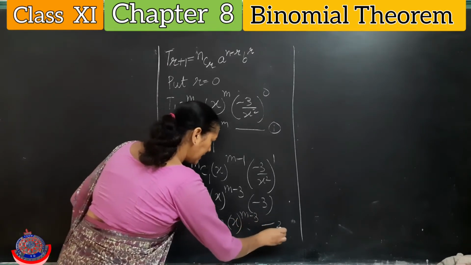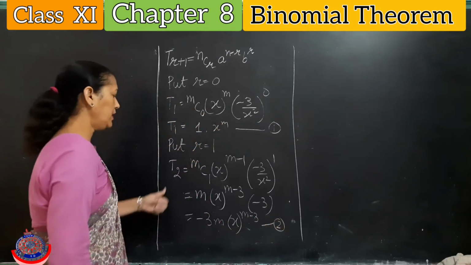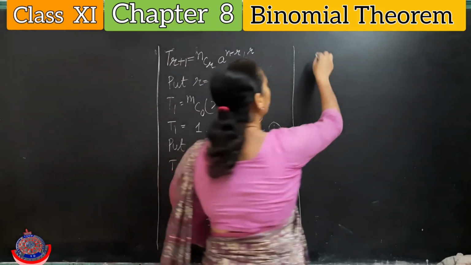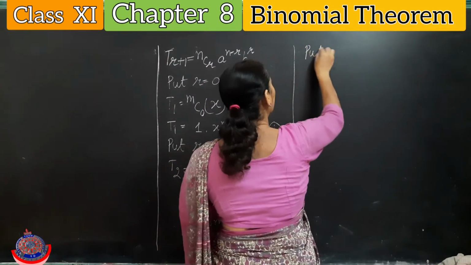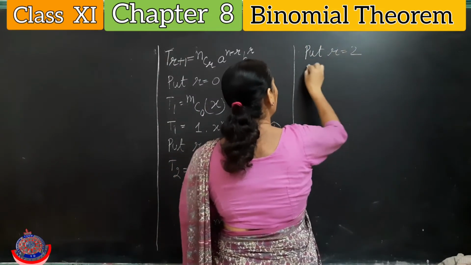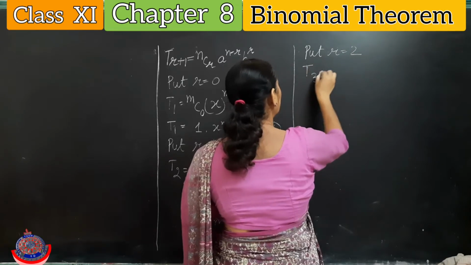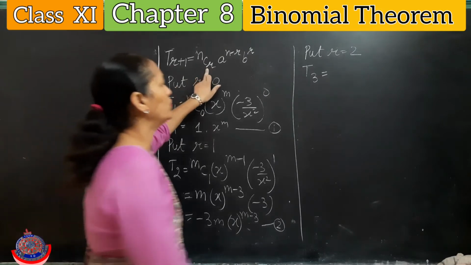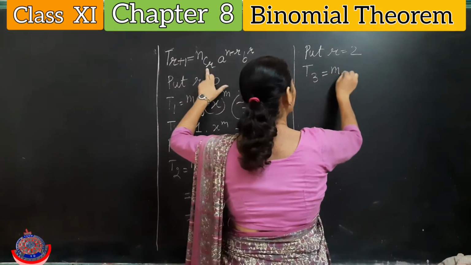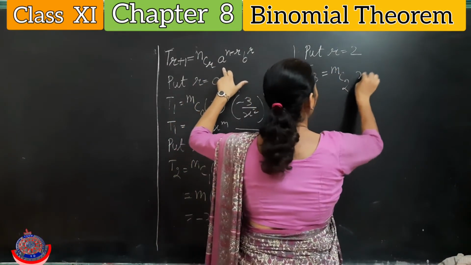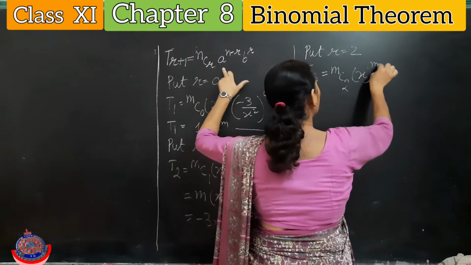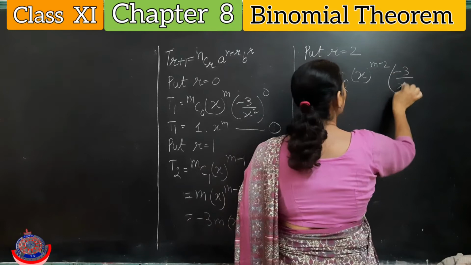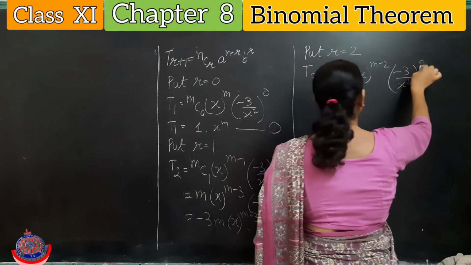This is the second term. Further, if we put r as 2 in the general term, we will have 2 plus 1, the third term: mC2, x power m minus 2, and minus 3 upon x square power 2.